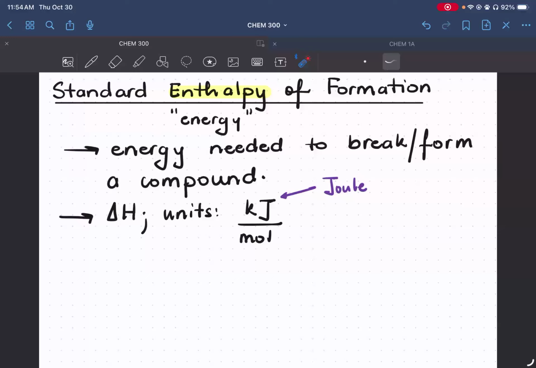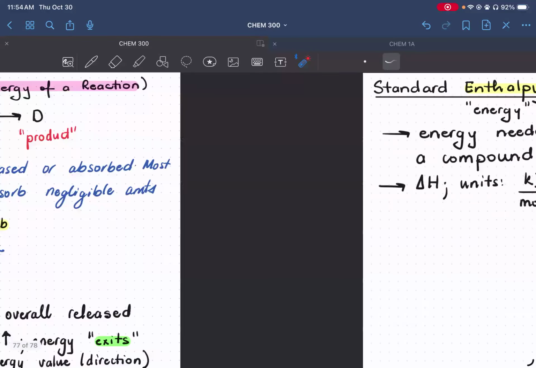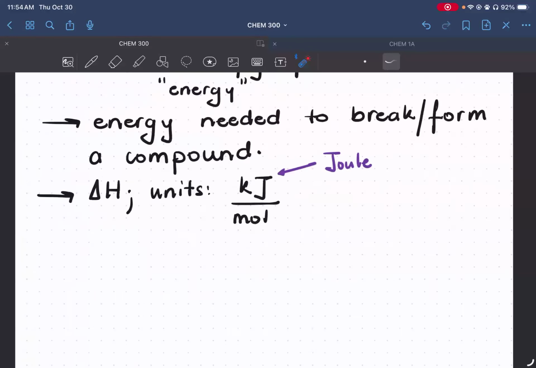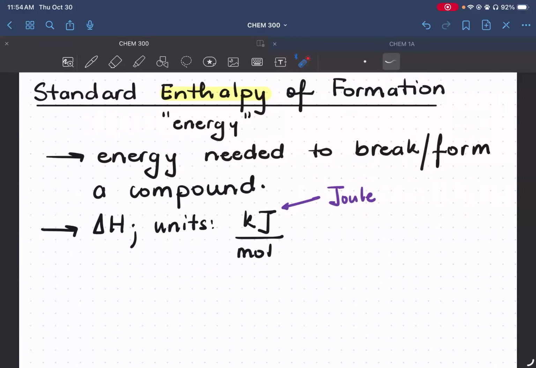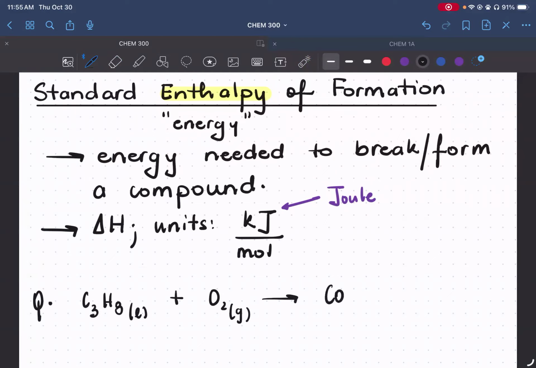Now, armed with this vocabulary in mind, how can we use this information? Let's do a sample question. Based on the following reaction, C3H8 plus O2 to give us CO2 gas plus H2O liquid.